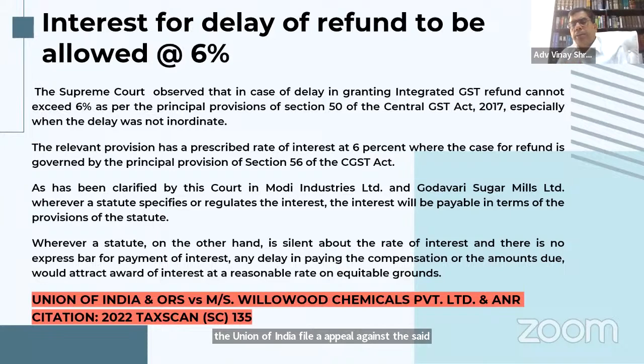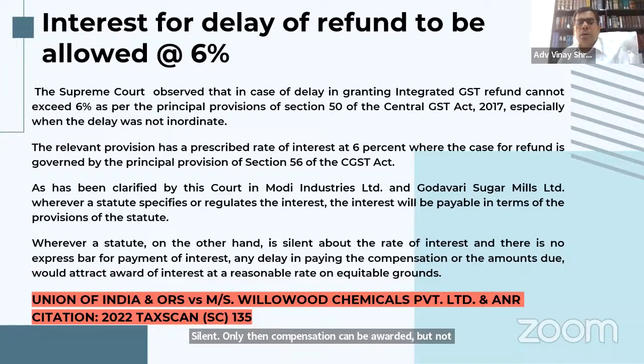I argued the same points which I had argued before the Honorable High Court, but unfortunately the Honorable Supreme Court said that we cannot grant interest in excess of the statutory provision, because according to the Supreme Court there was no inordinate delay. And if the law is silent, only then can compensation be awarded, but not otherwise.